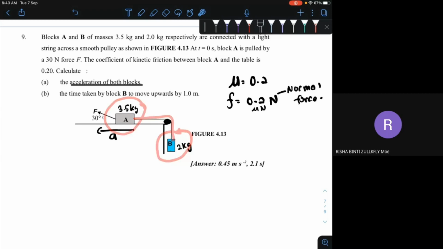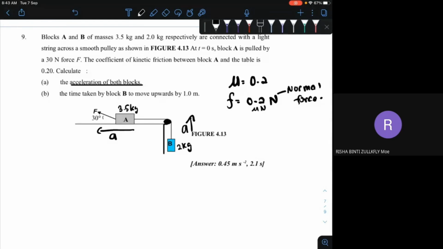So bila A bergerak ke kiri, dia akan menyebabkan B tertarik ke atas. So you're going to have acceleration upwards for object B. Alright, they are going to have the same acceleration. Both A and B are going to move with the same acceleration.